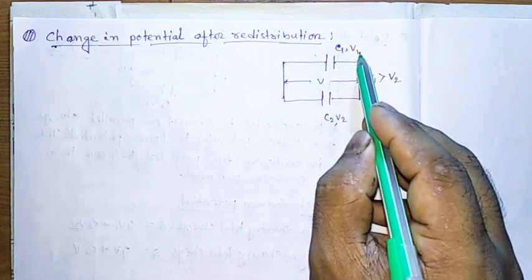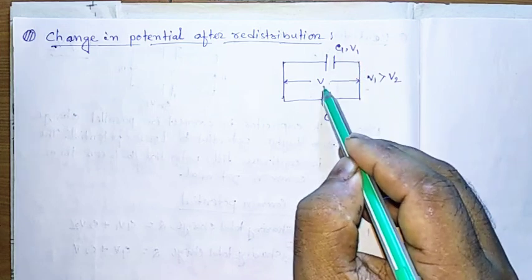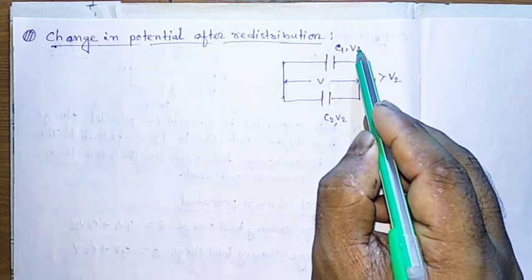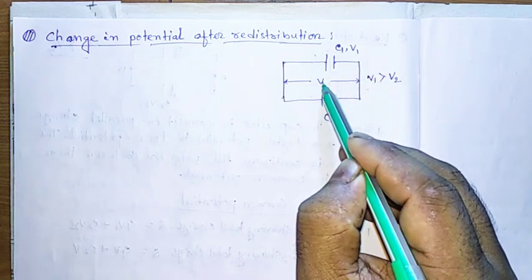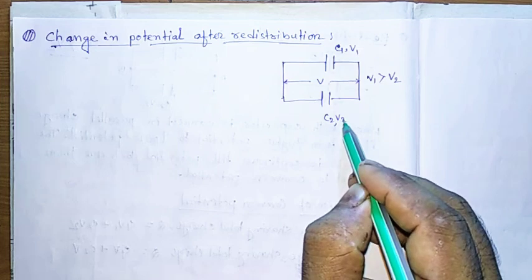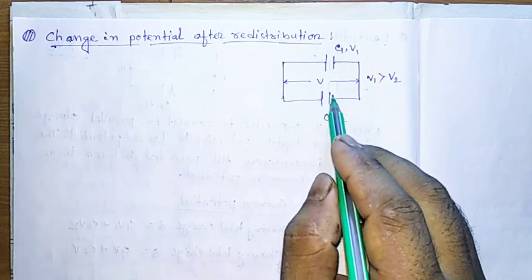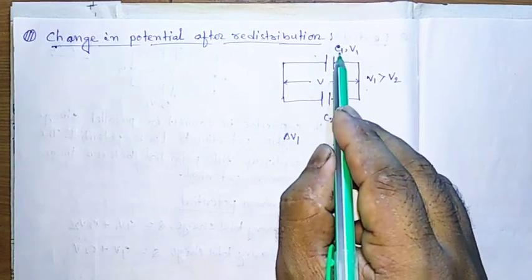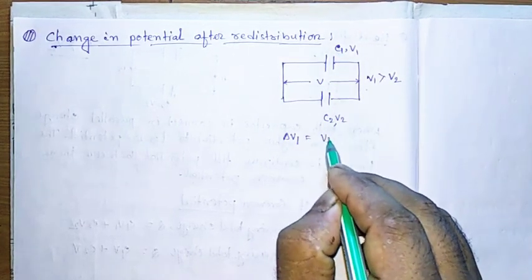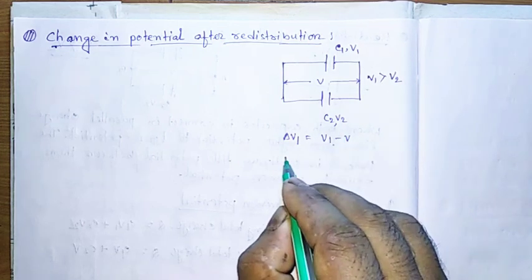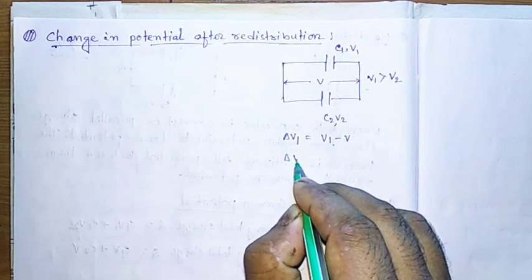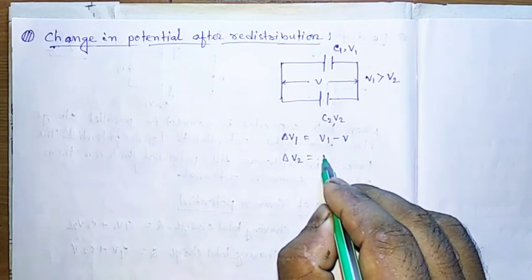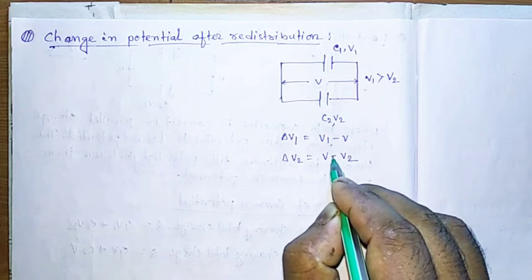So the potential V1 changes to V and V2 also changes to V. The potential V1 decreases to V and the potential V2 increases to V. So the change in potential delta V1 for capacitor C1 is V1 minus V, and the change in potential delta V2 for capacitor C2 is V minus V2.